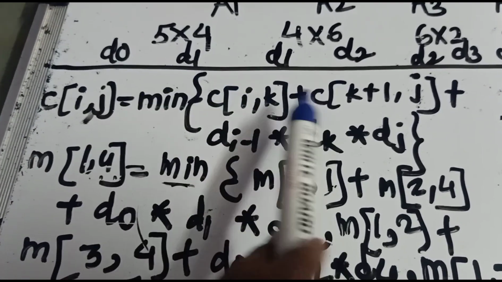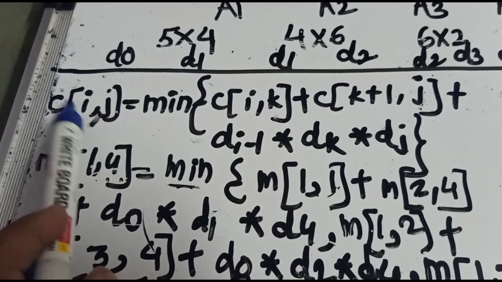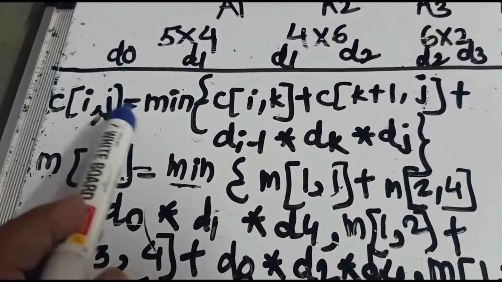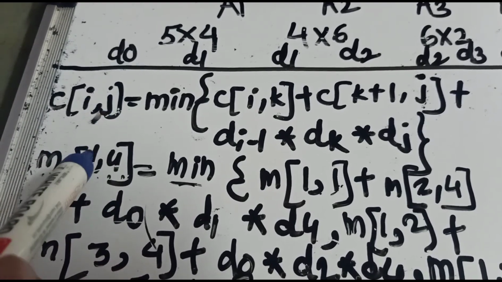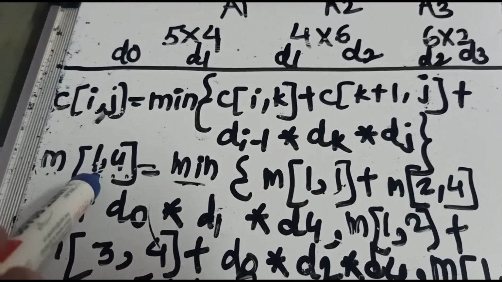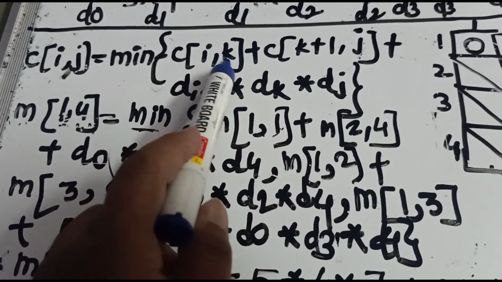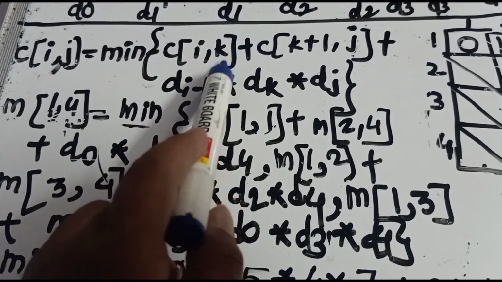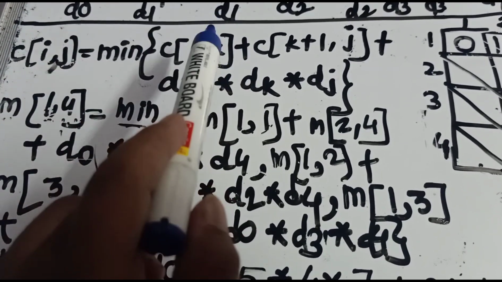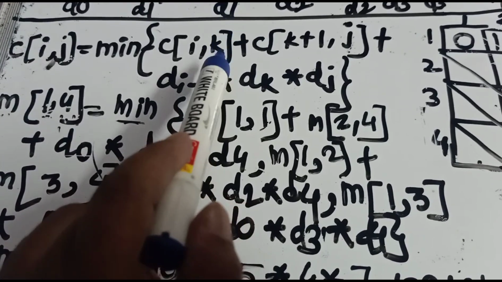What we have done: C of ij, instead of C I am using m here. So for ij, I have to find the value for 1 and 4; i is 1 and j is 4. Then for every value of k which is less than j, where j is 4, the value of k can be 1, 2 and 3.